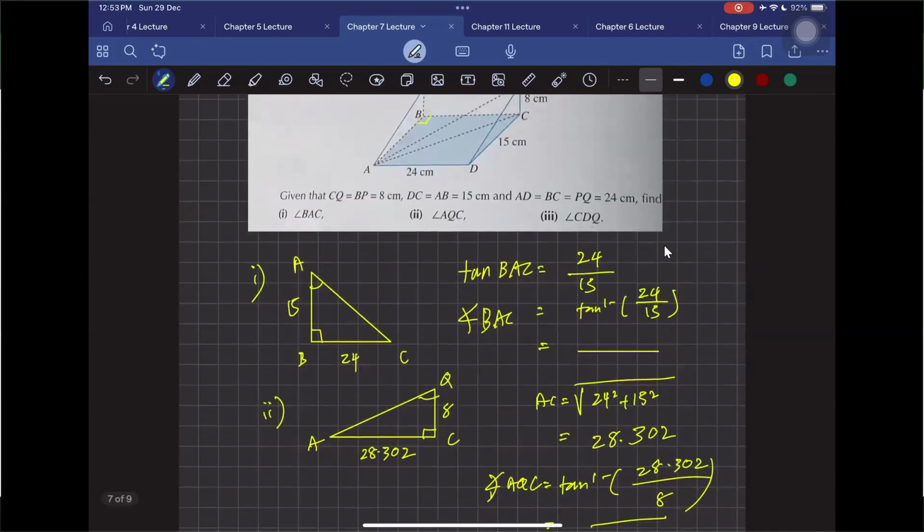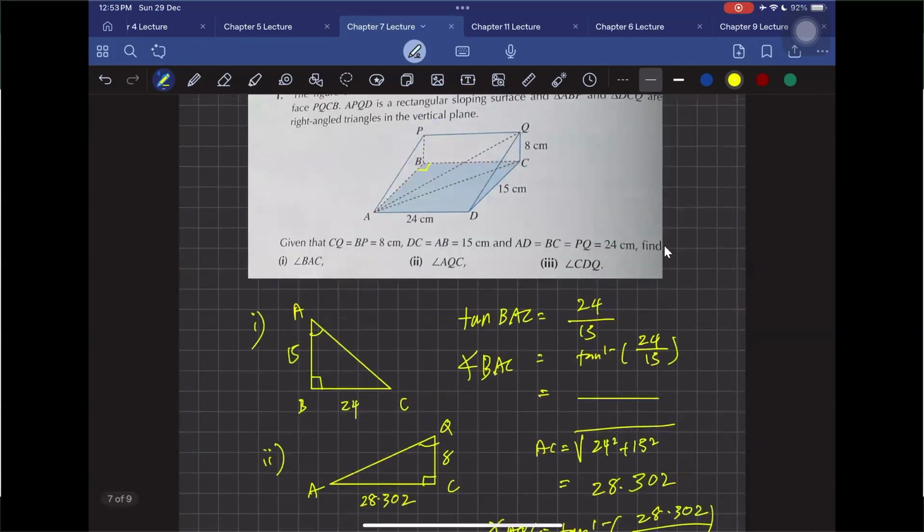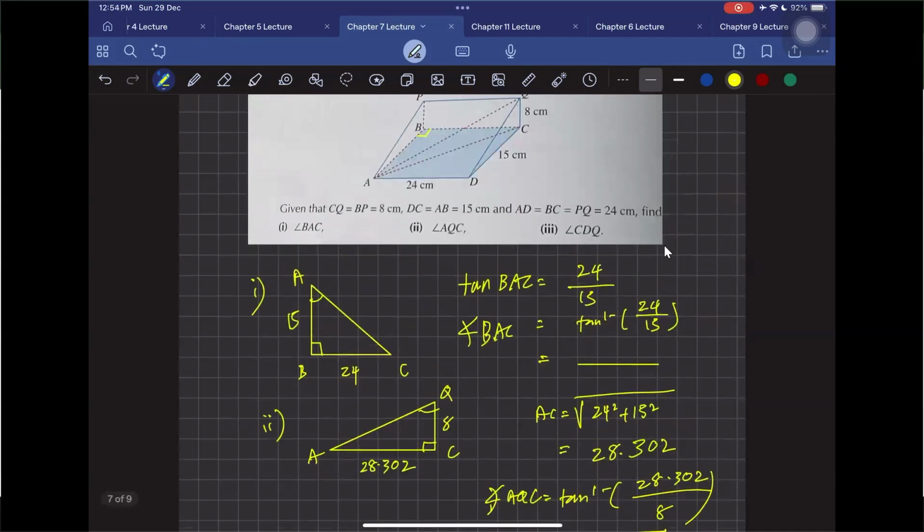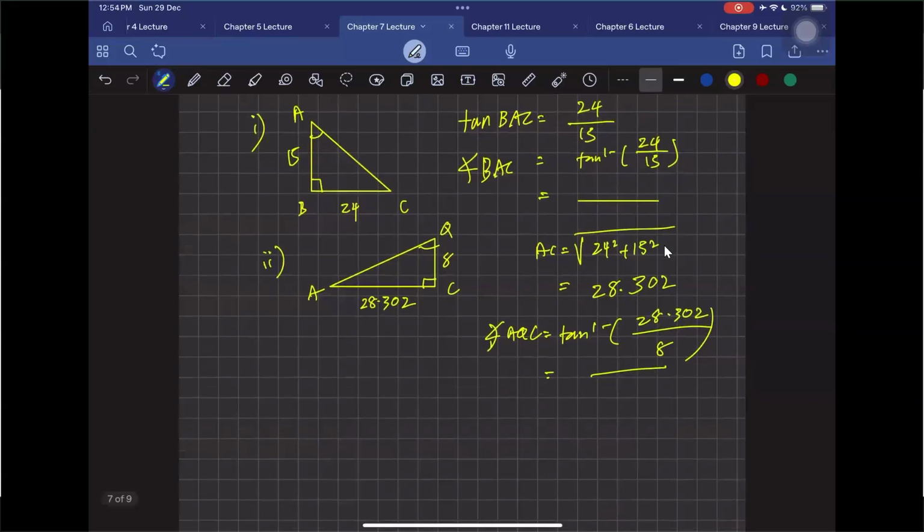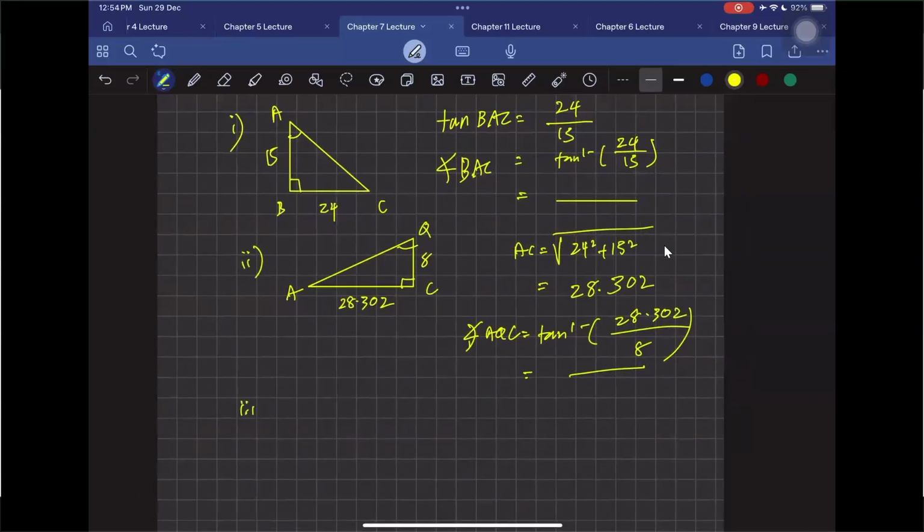And lastly, you're asked to find CDQ. CDQ, where's that? Oh, CDQ, okay. So angle CDQ should be even easier because you already know all the sides. So again, draw it out.